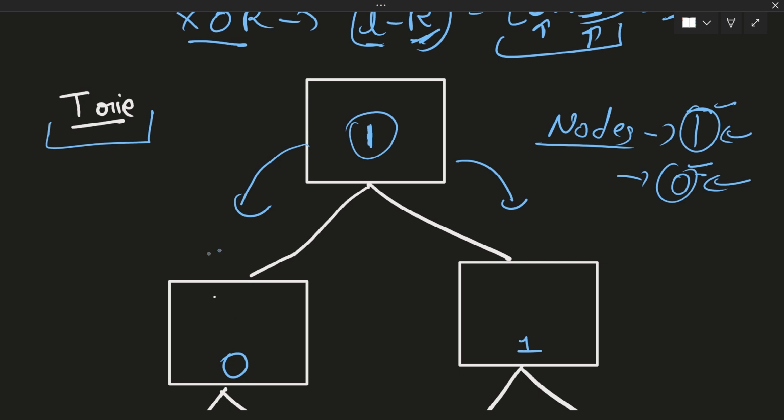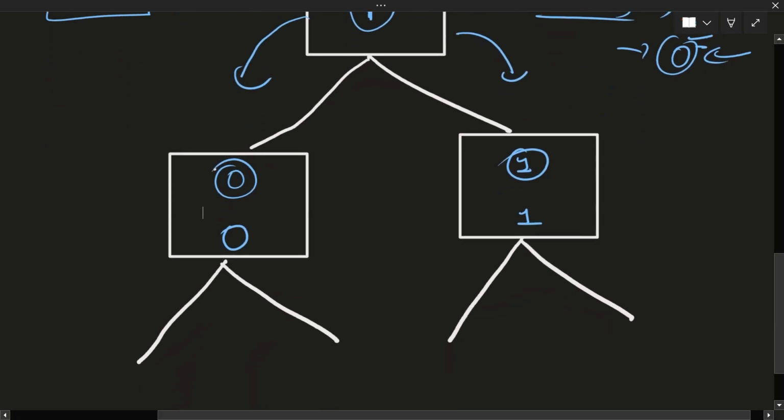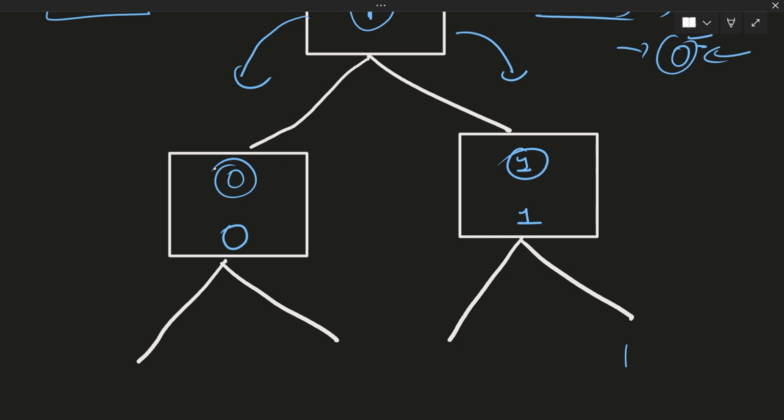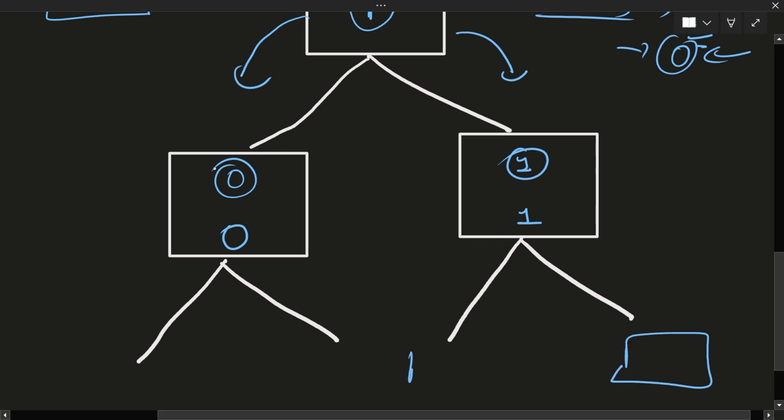So if the next bit is a set bit, then it will be true. If the next bit is not a set bit, is a 0, then it will be true, right? So here, let's say the next bit is also a set bit, so it will be 0. And similarly here we will have other nodes.